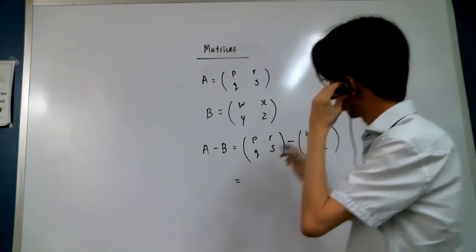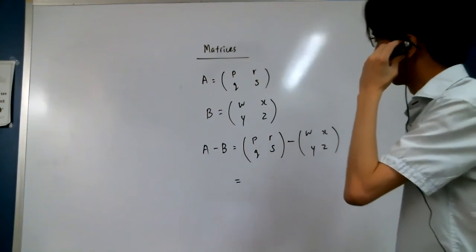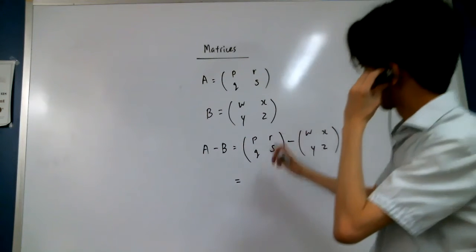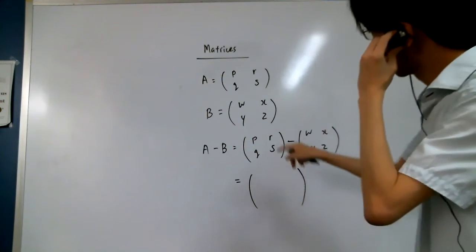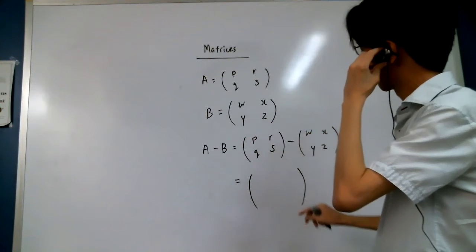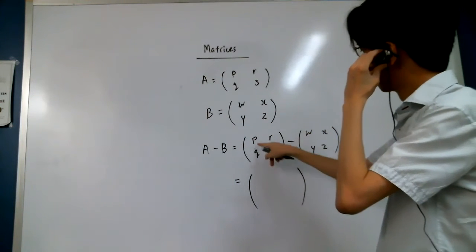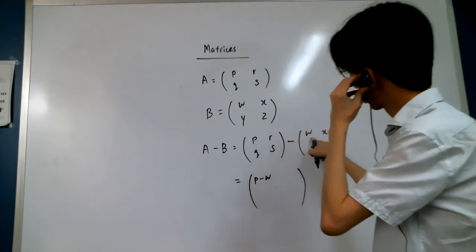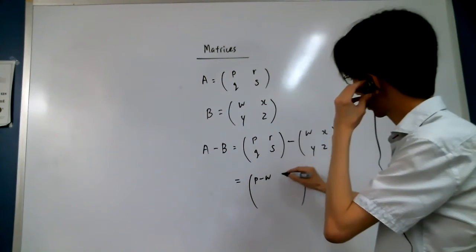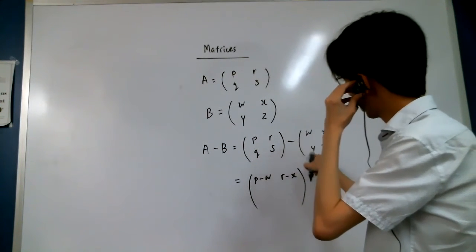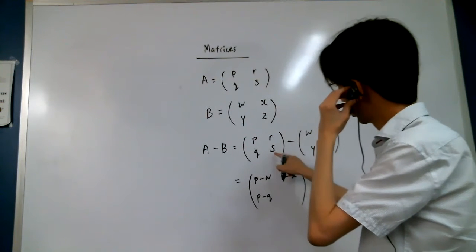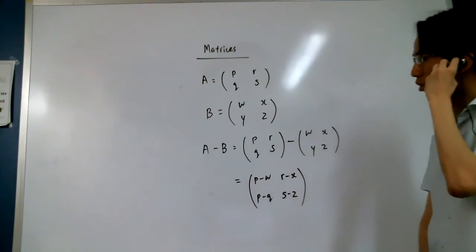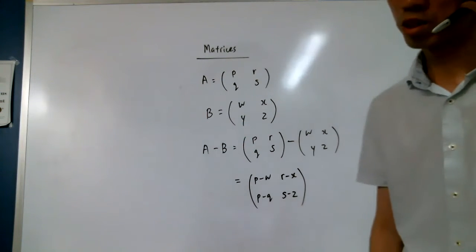So when you perform the matrix subtraction, okay, you have to make sure that the order are the same first, okay, before you can start subtracting them. So in this case, you just take P minus W, you compare the corresponding elements, R minus X, Q minus Y, and finally S minus Z. Okay, that's how you perform the matrix subtraction.